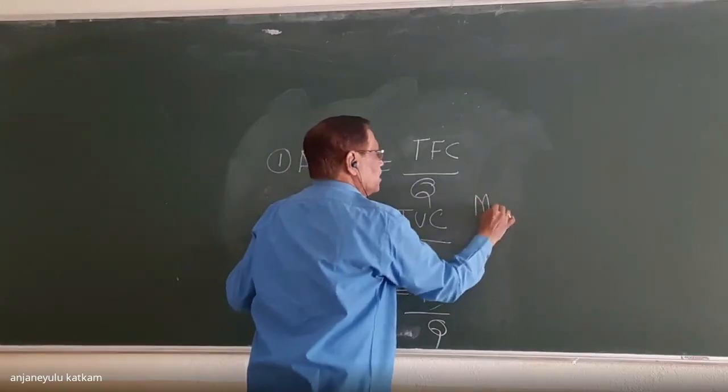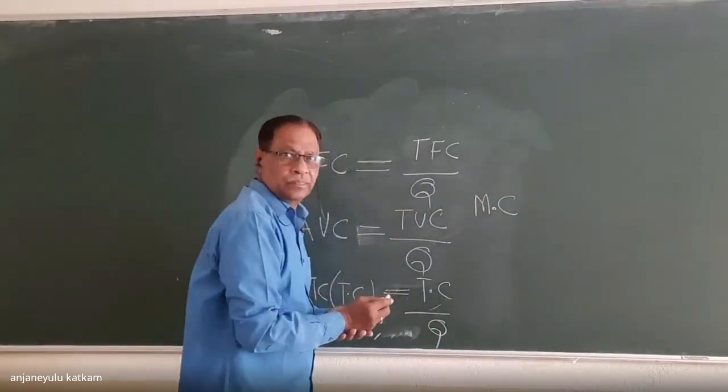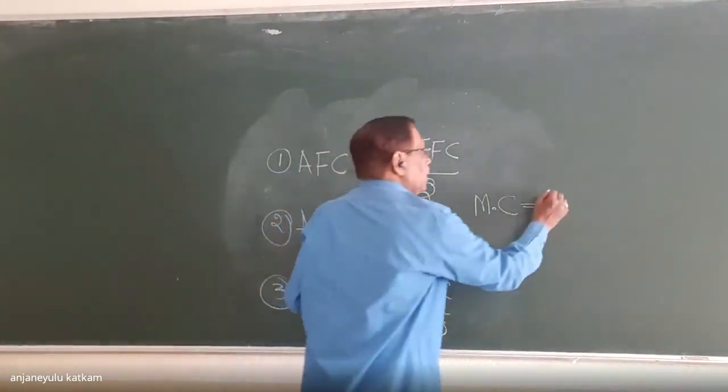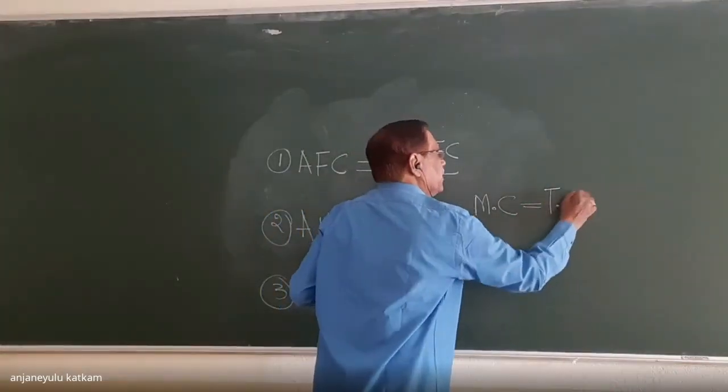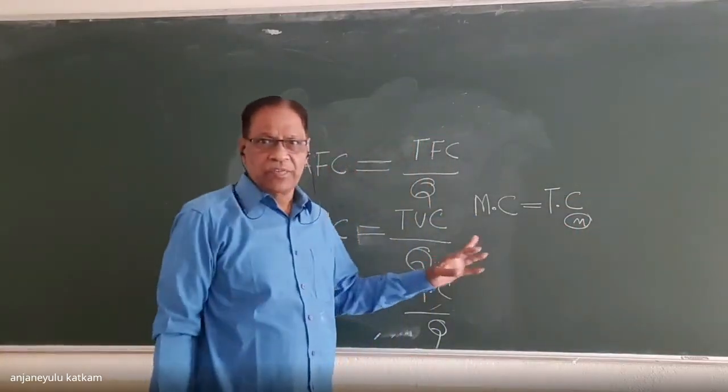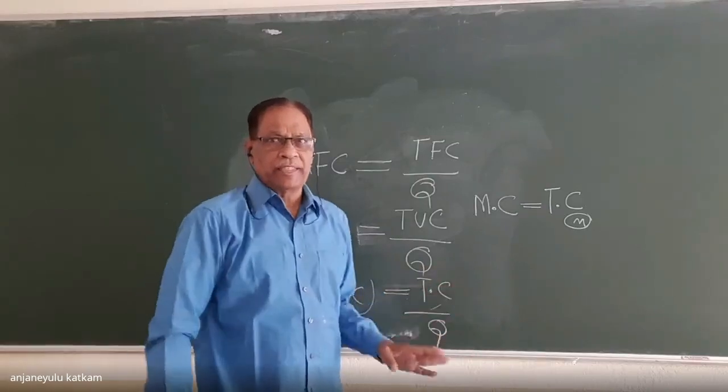Marginal cost, that is MC, equal to total cost of n units, the present level of output, let us say 100.